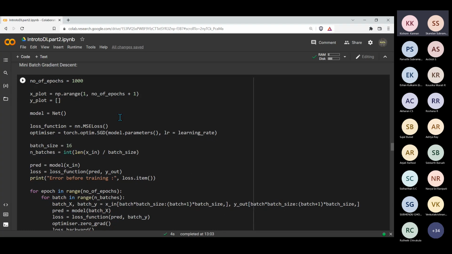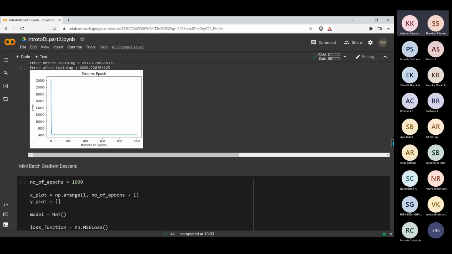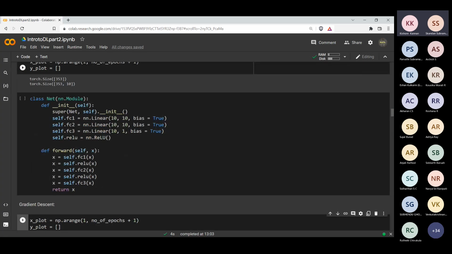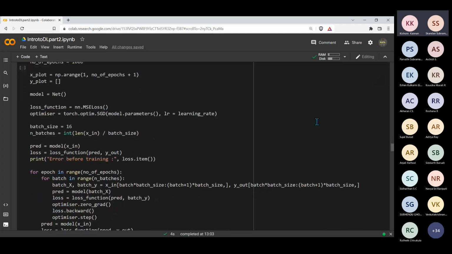Here we define the number of epochs as 1000, and we use the same neural network. We don't change the neural network here. We are using the same neural network and the same loss function. And is there a doubt?